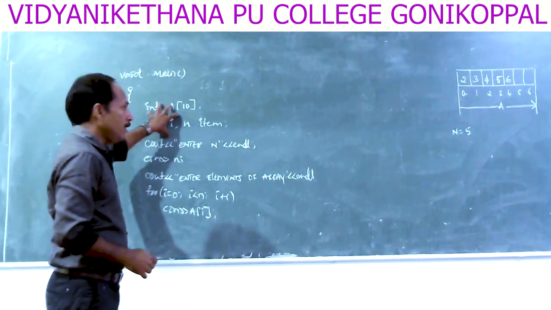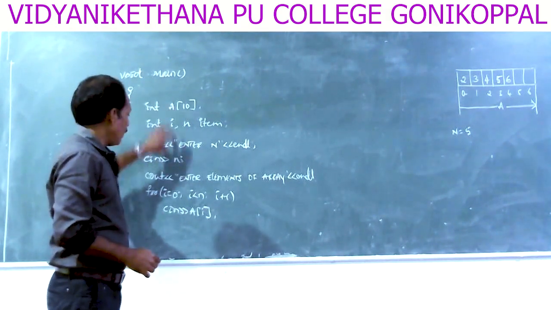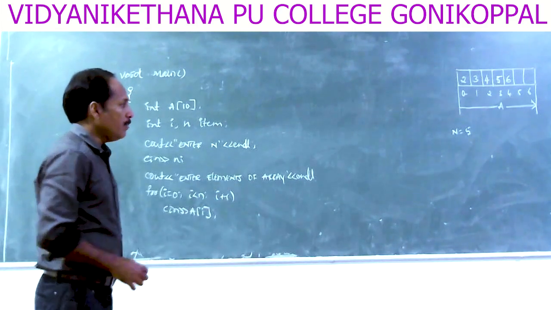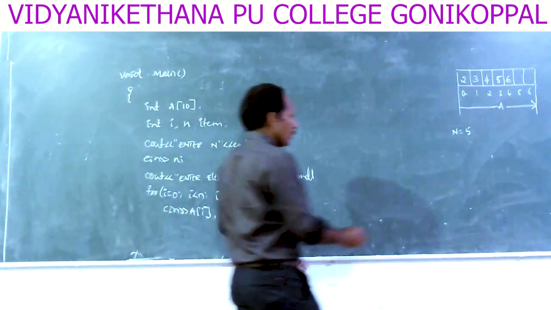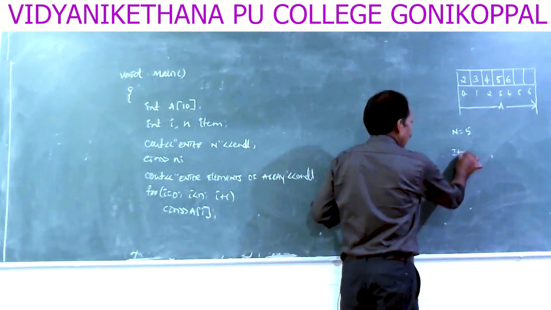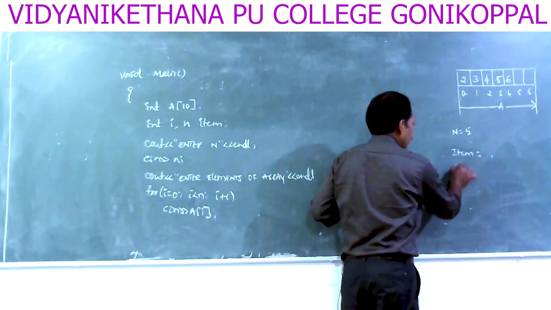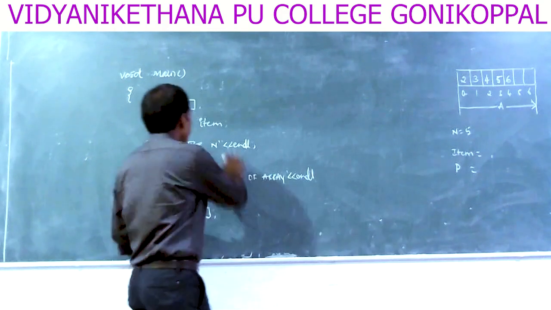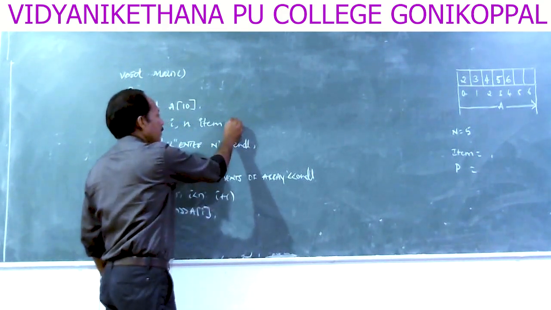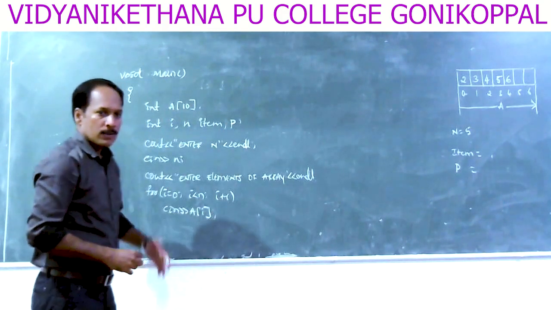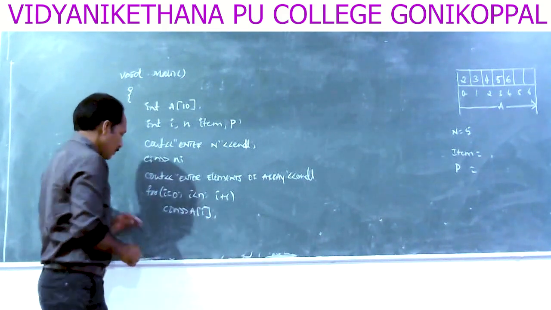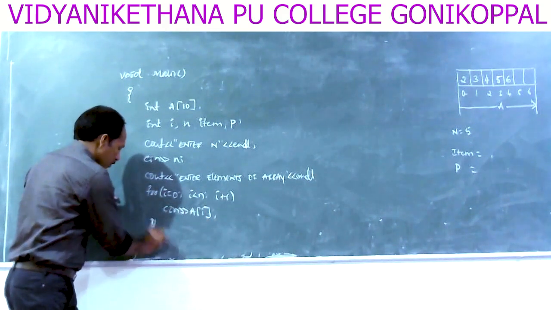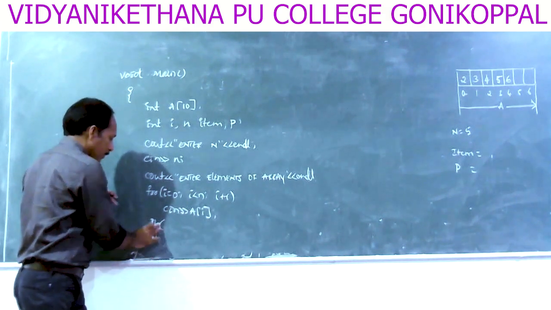This will declare memory, and we supply the values for those memory locations. Next is the element to be inserted and the position. There are two things we need, item and position, and these two we have to supply. We have now declared the variable here, position, define P. Next, we check the position you are entering.